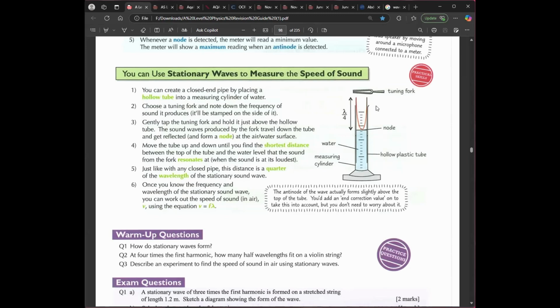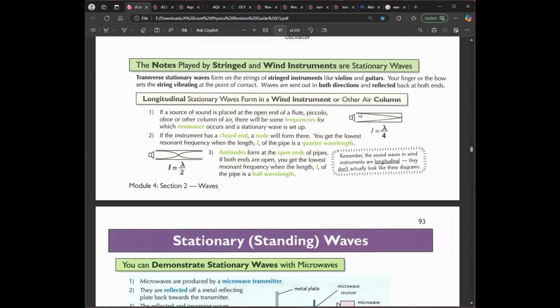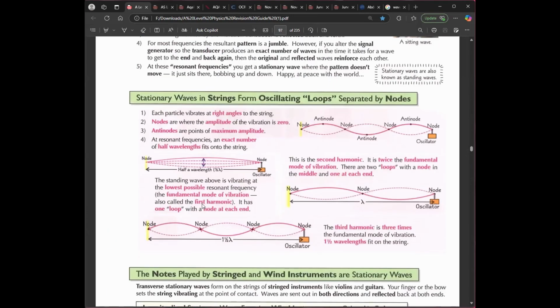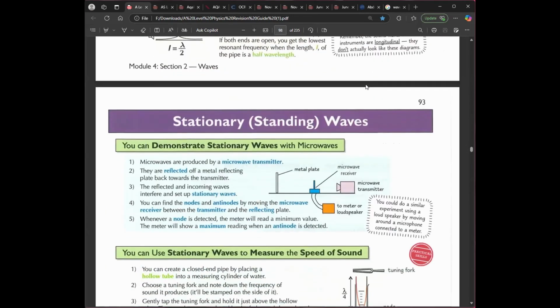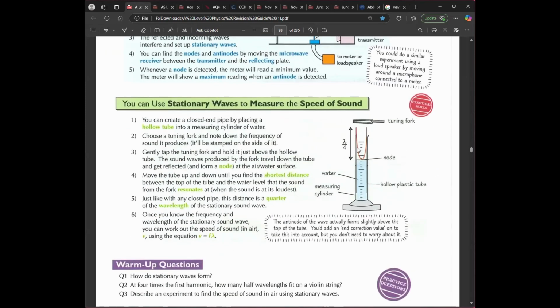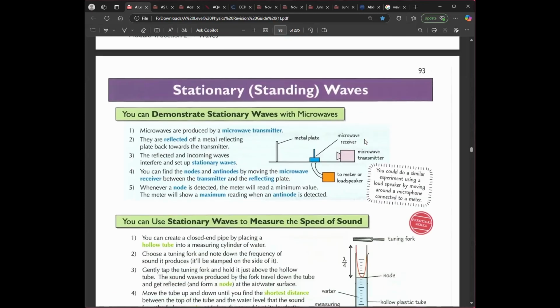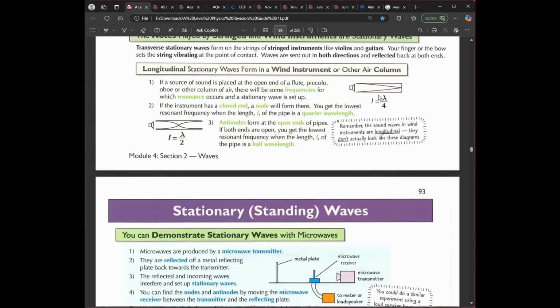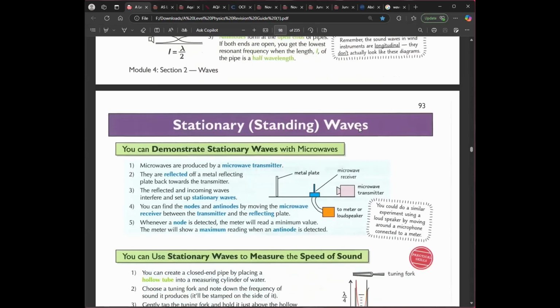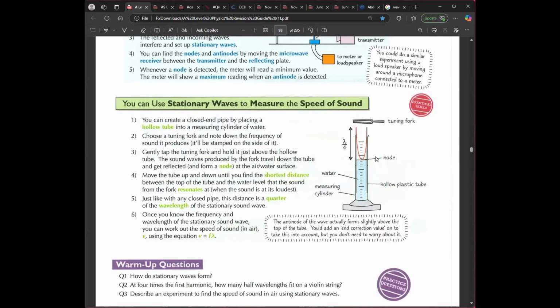The shortest distance where they hear a loud sound actually tells us that it should be at the fundamental frequency, at the first harmonic. So basically this distance should be equal to lambda by 4 at that point. So you have to come down as much as possible to find this point, and you know that the total length would be equal to lambda by 4, and that's how you can find the wavelength associated with that sound that was being produced by the tuning fork.